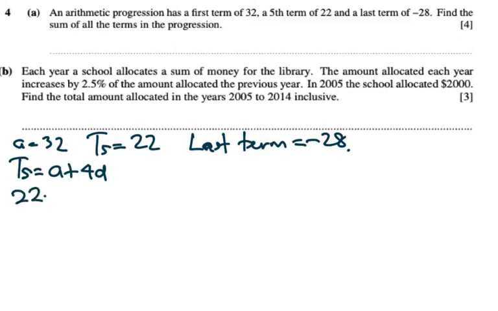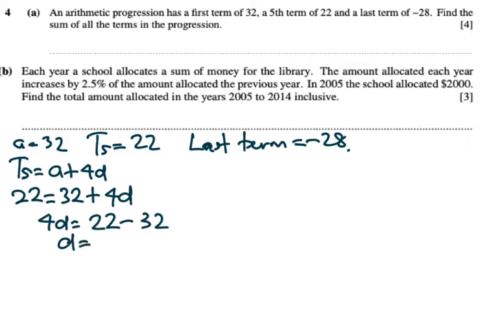So 22 equals 32 plus 4d. Okay, let's find what d is. So 4d equals 22 minus 32. d equals negative 10 over 4, which is negative 5 over 2, or negative 2.5.